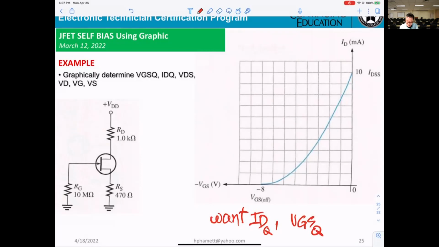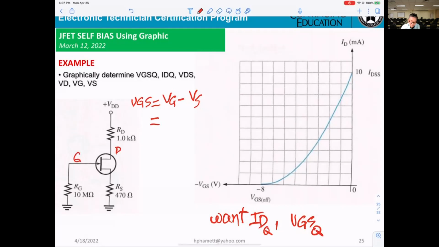In order to do it, basically you can see VGS equals VG minus VS. What does VG equal? It is right here.